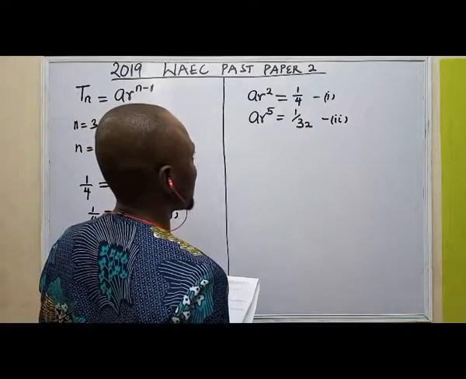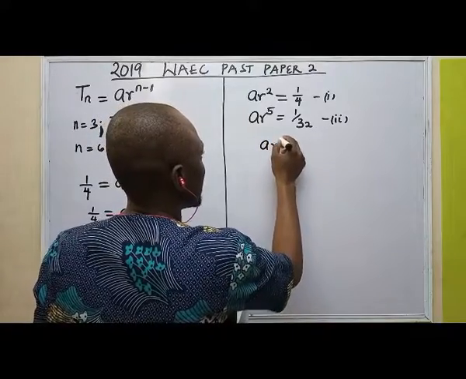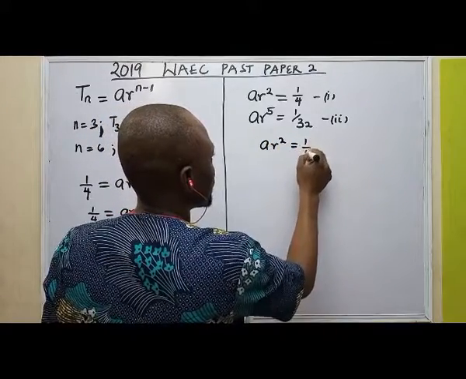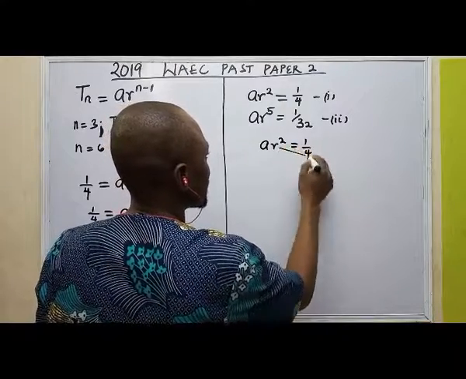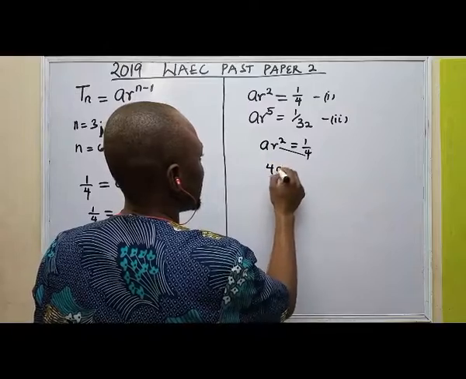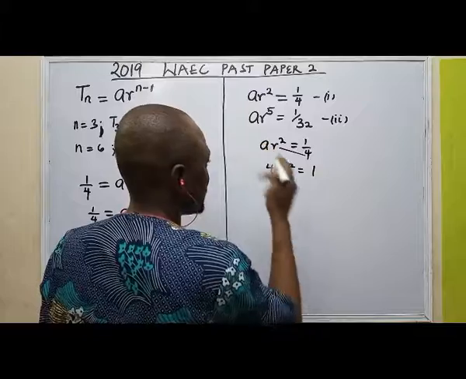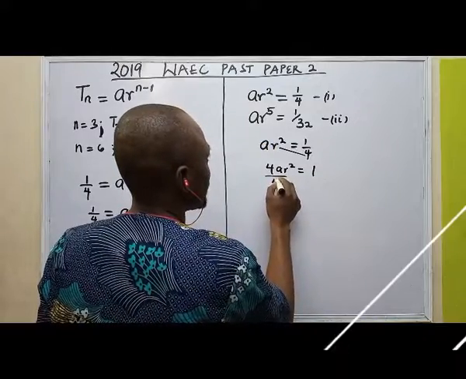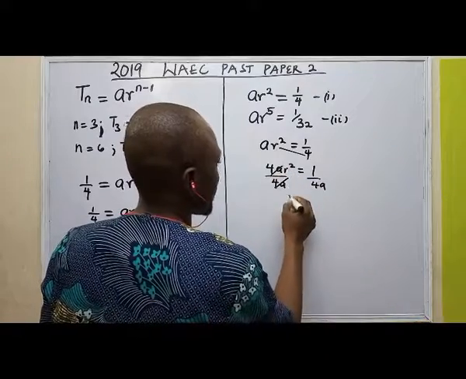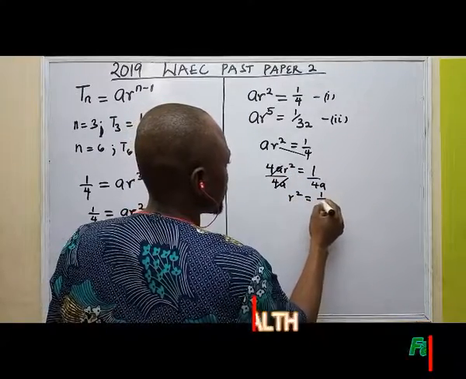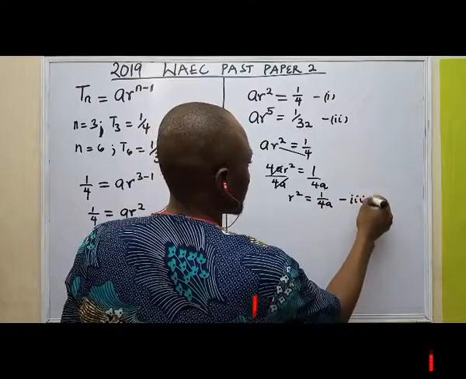This is equation 1, A R squared equals 1 over 4. If I cross multiply, I'll have 4A R squared equals 1. Now if I divide both sides by 4A, this cancels this, so R squared is 1 over 4A. Now this is equation 3.